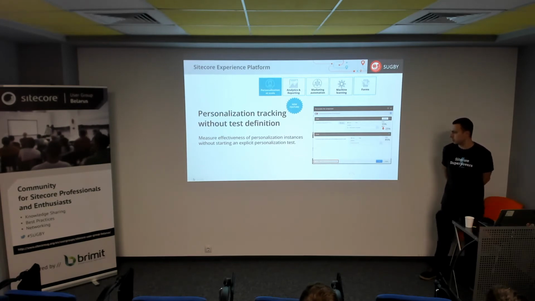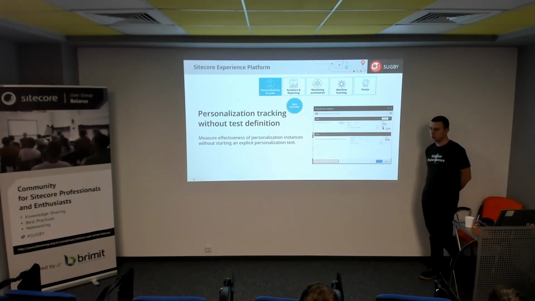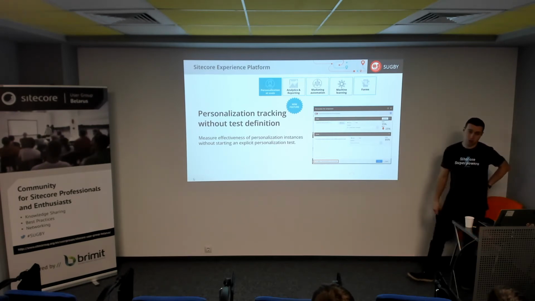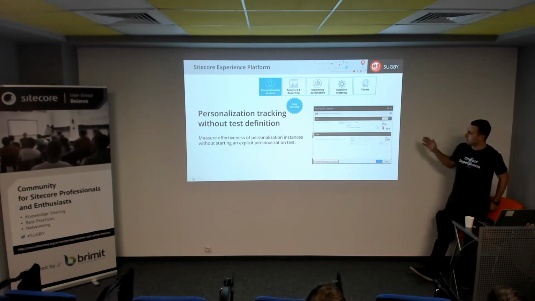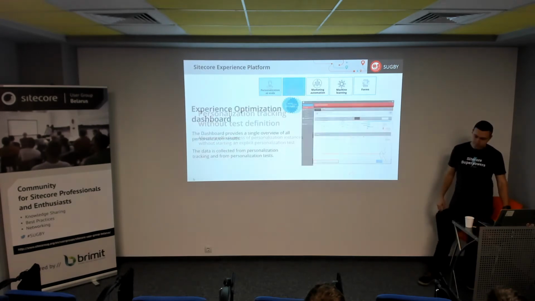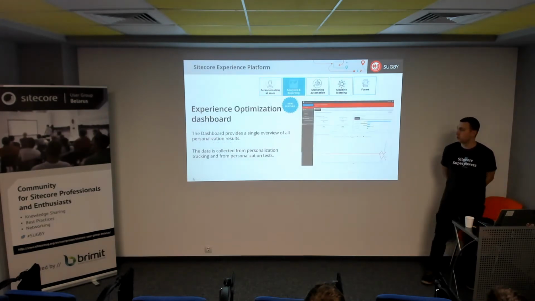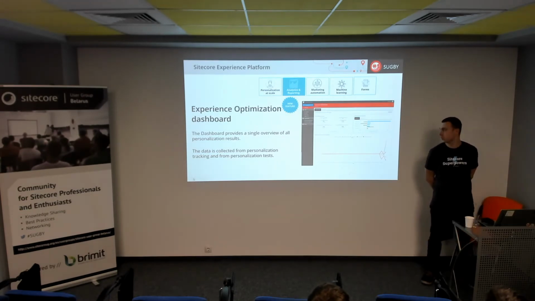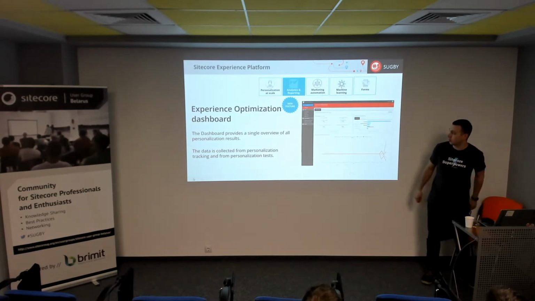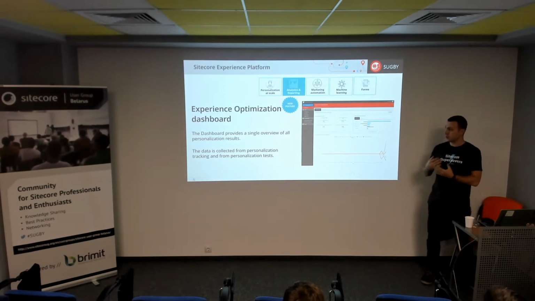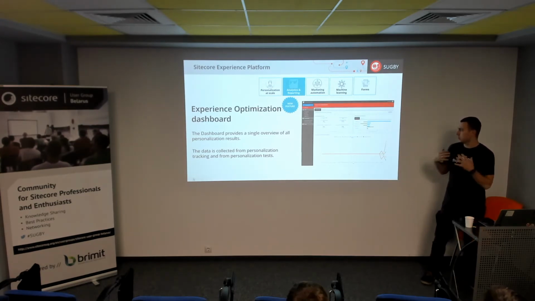We just need to tick a checkbox when you choose your personalization, and Sitecore will immediately start to measure the effectiveness of your personalization and rules setup. A new Experience Optimization dashboard was provided, where you can see all personalization results on the same page.